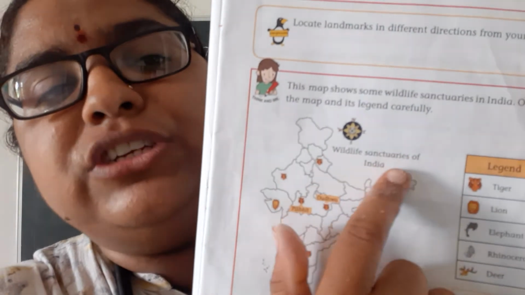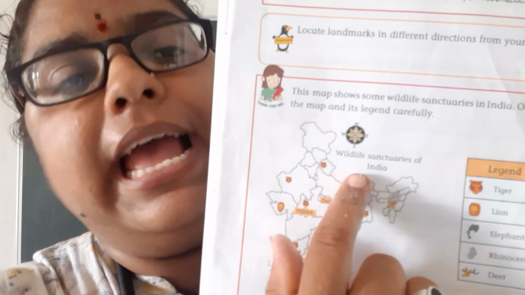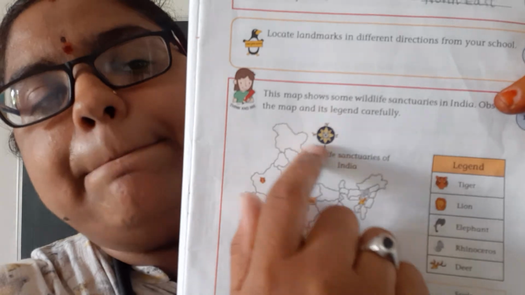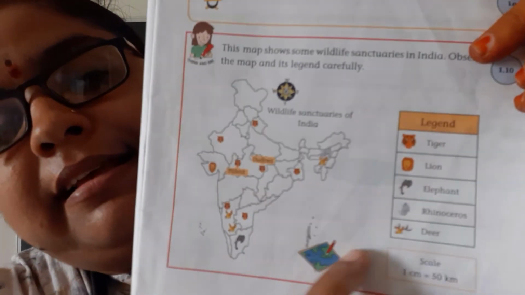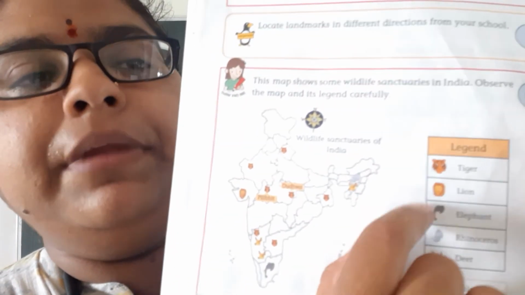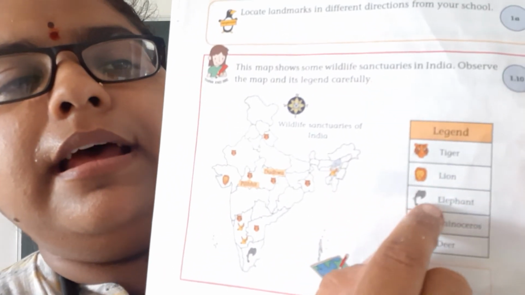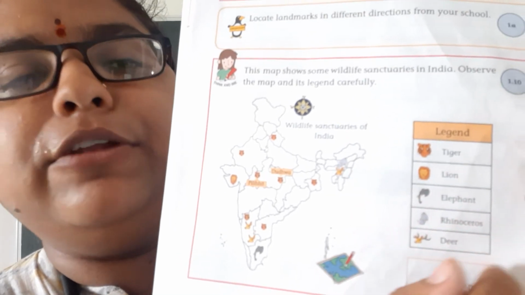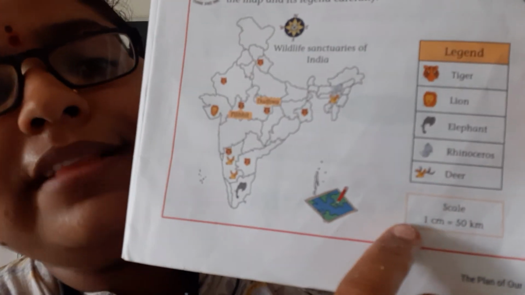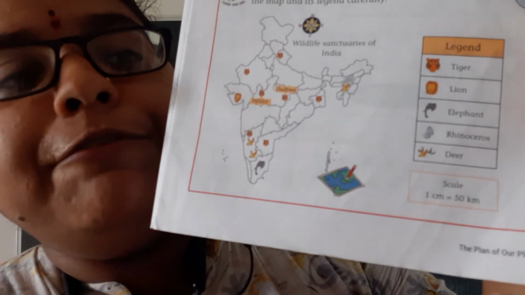Wildlife sanctuaries of India. Here they have given a compass rose and a legend. See the legend also. They have given the picture of tiger and written the name. Again, lion, elephant, rhinoceros and deer also. And here they have given the map scale also to measure: 1 centimeter is equal to 50 kilometers.